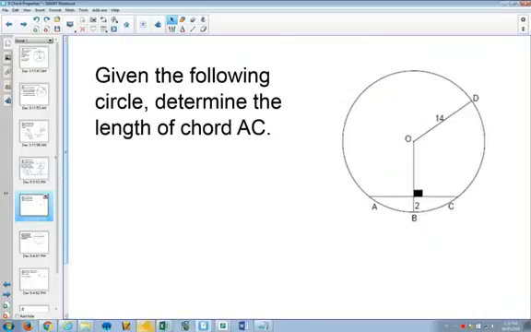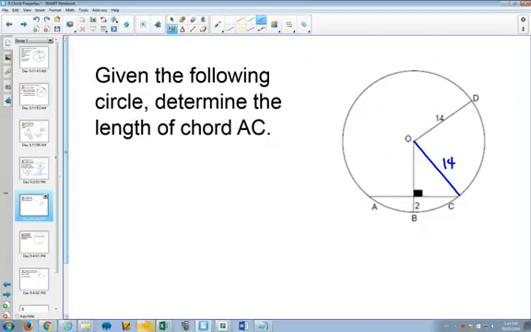Okay. So now that we've done a couple, I'm going to get you to try to figure this one out on your own. Easy peasy. A couple of things that I noticed from some of you, you guys are getting really good at seeing that drawing a new radius in that makes a right angle triangle is going to be very helpful.